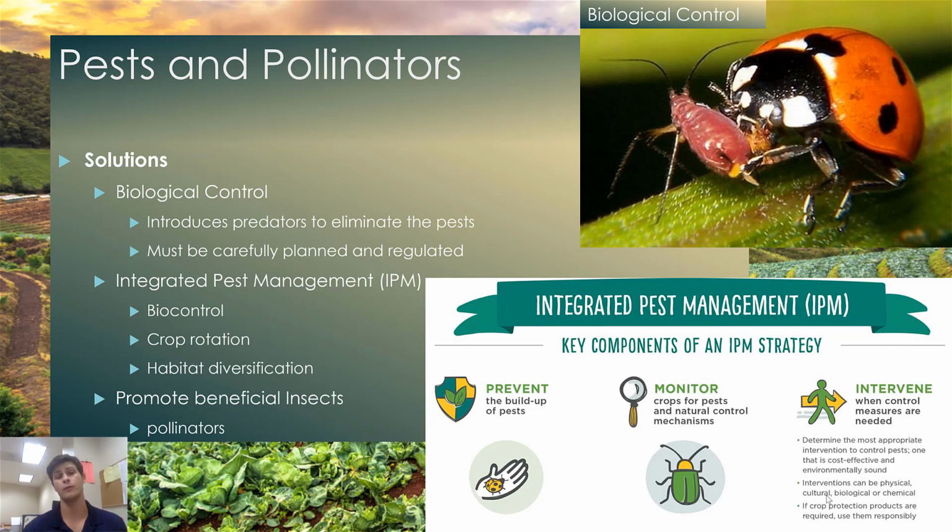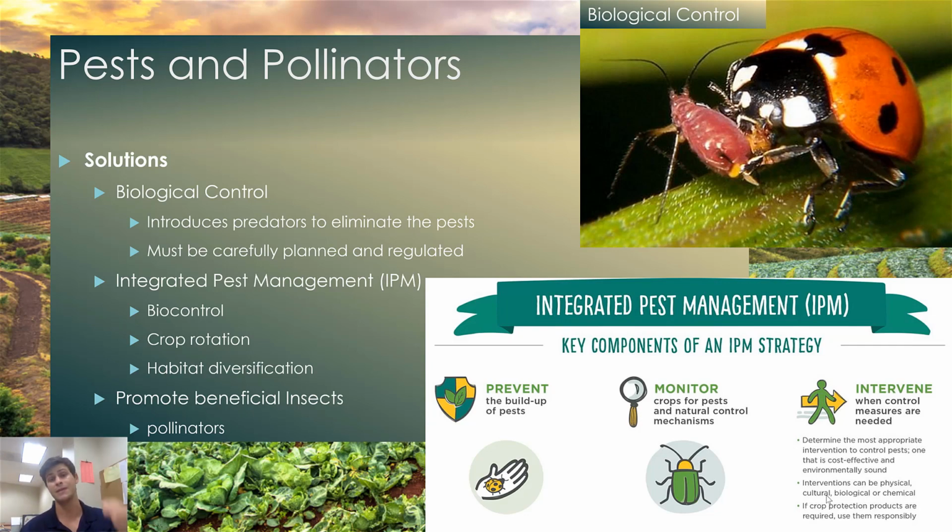Now, biological control is really interesting in that it introduces, instead of a pesticide, a predator which can control pest populations. Things like ladybugs, for example, over on the upper right-hand side of your screen, love eating pests like aphids, which we hate because they get into our crops and eat all of our food. So by introducing predators or promoting predators in nearby areas around our farms, we can control different pest organisms by simply having things that like to eat them so that they don't eat our food.